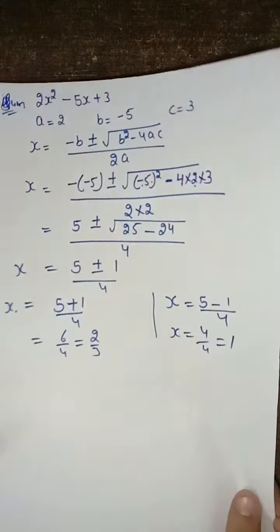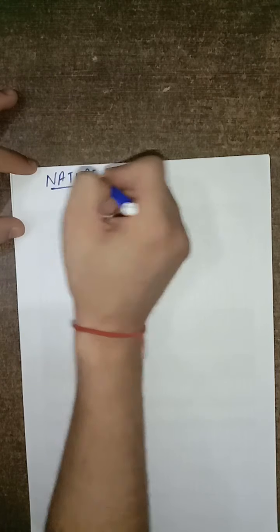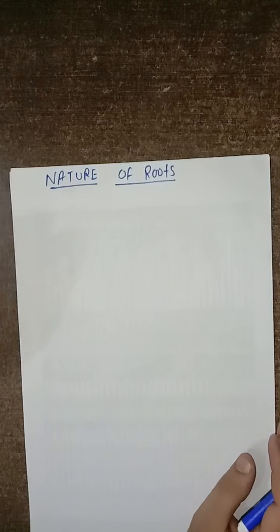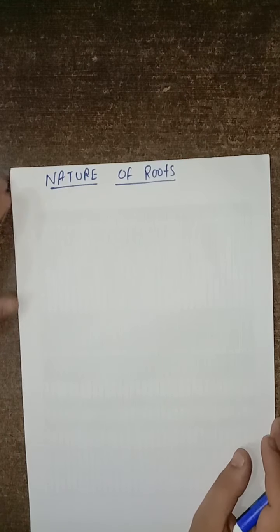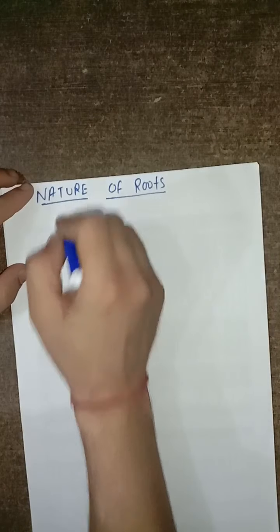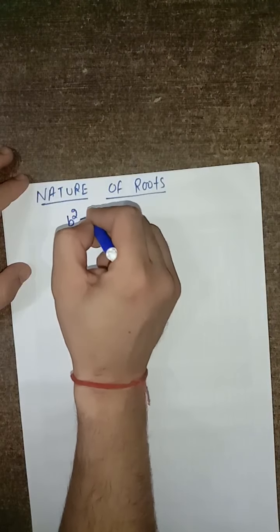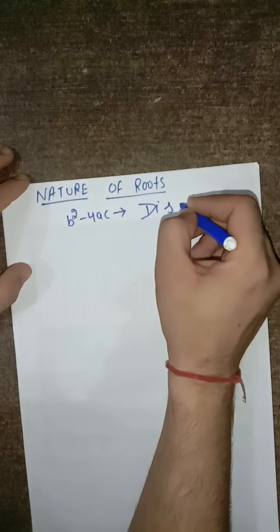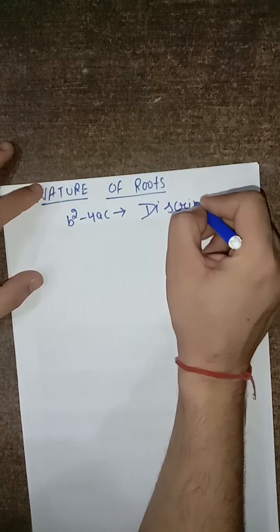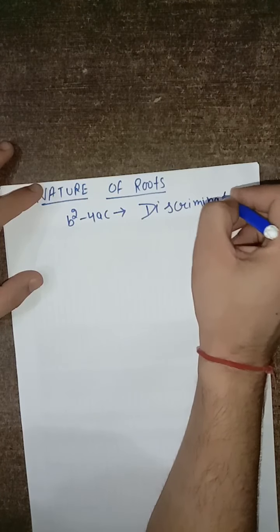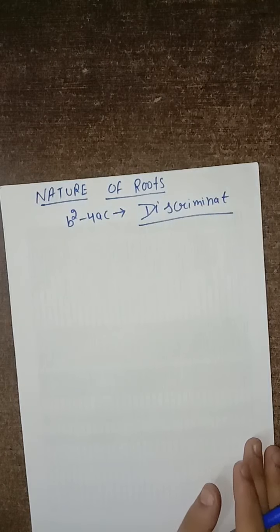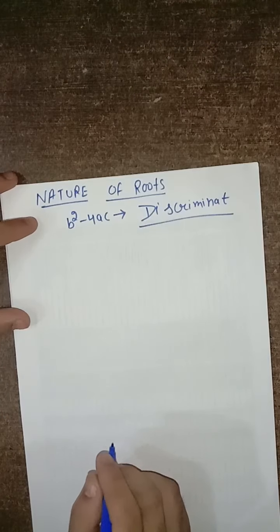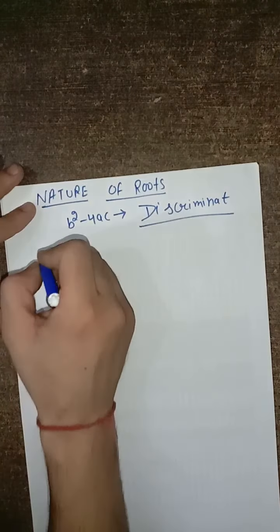In a quadratic equation we get two roots, and b square minus 4ac is called the discriminant. There are three possible cases for b square minus 4ac, that is, for the discriminant there are three cases.